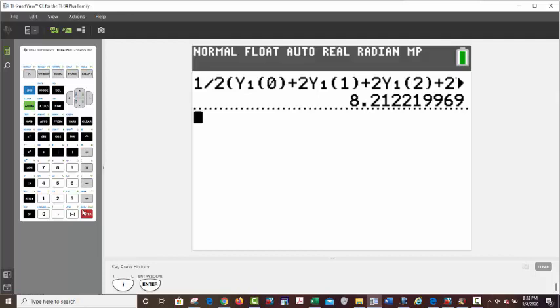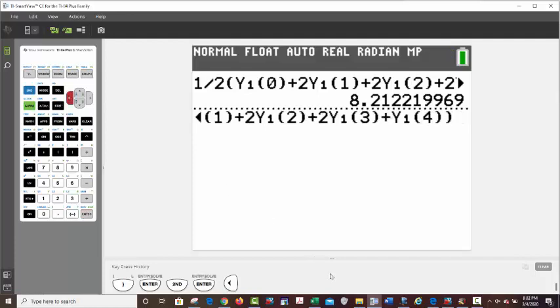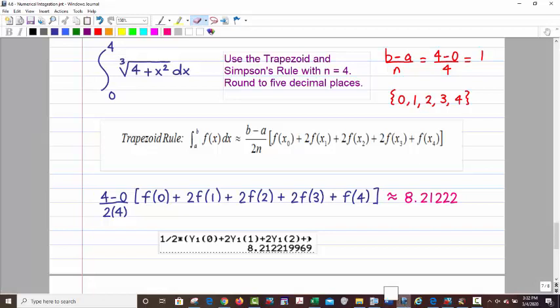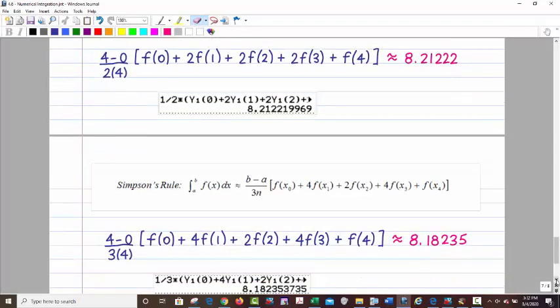There we go. Before I switch back, let's just do the other one right here, and we'll check. So, second enter. I do have to go back, I'm sorry, because now it's b minus a over 3n. So I'll scroll down. So it's 4 minus 0 over 3 times 4. So that's going to make that a 1/3 in front. So I want you to see that. There's the 1/3.